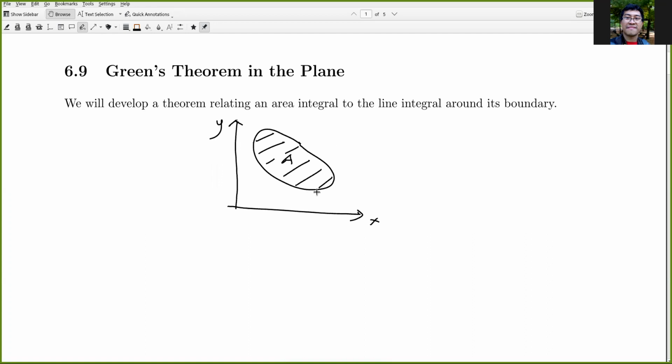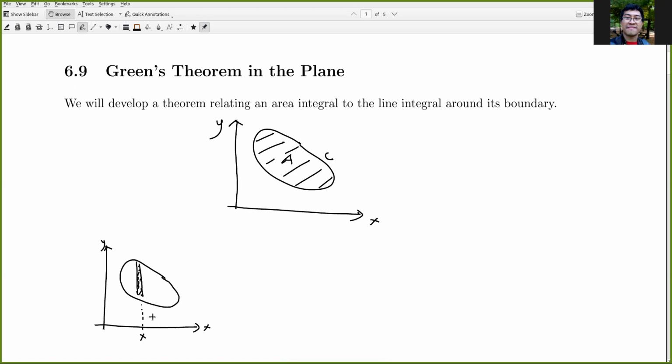and the contour or the curve is called C. So what we do, we can first integrate the area of this region A by taking a vertical strip like this at some arbitrary distance or arbitrary position x.